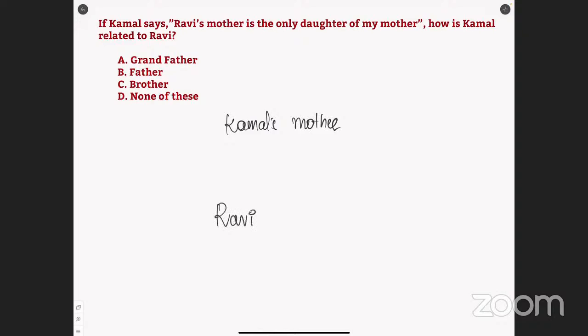Ravi is here. His mother, let's say X. Okay. And X is the, Ravi's mother is the only daughter of my mother. Okay. Kamal's mother's daughter.